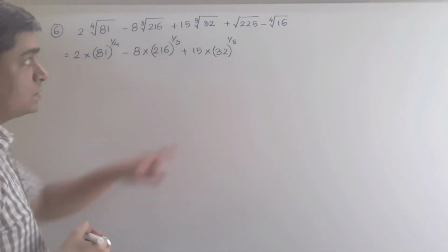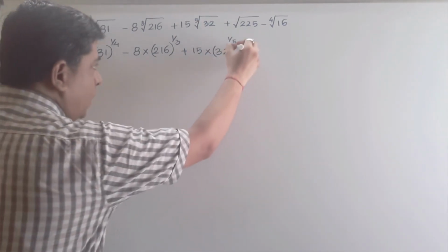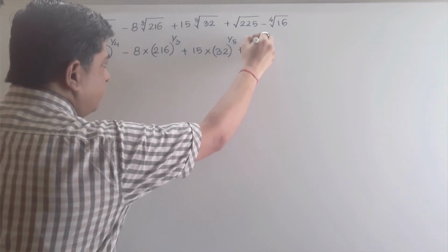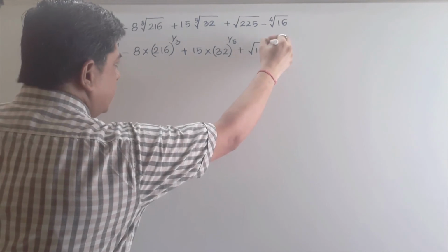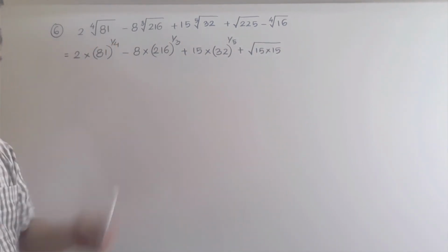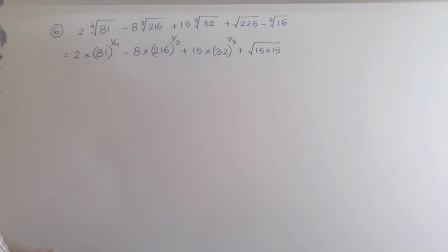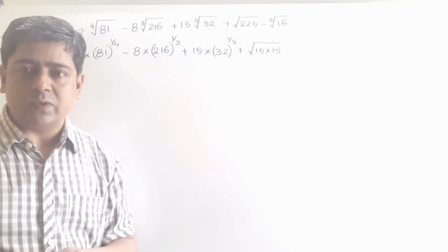Now square root of 225, it is not required, we can find out directly. The root of 225 I can write down as 15 into 15, because I know that 225 is a square of 15. If you don't know, then you can make the factors of 225 and find out as usual.